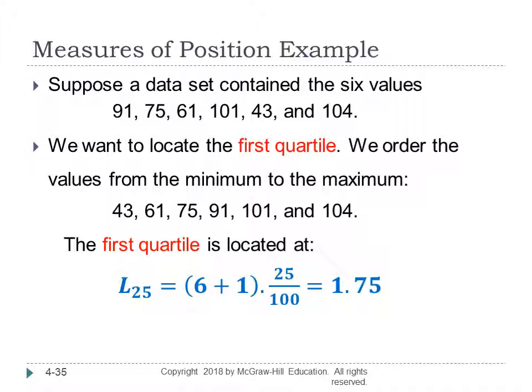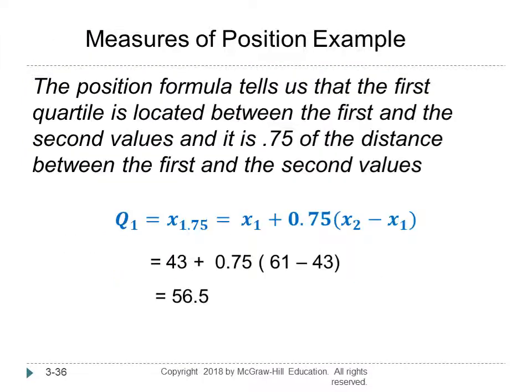Now this is a location. 1.75 is between 1 and 2, so our first quartile will be between the first and second data value. The way to do this, we need to take x1 and then take 0.75 of the distance between x1 and x2, and that's what we will do in the next slide.